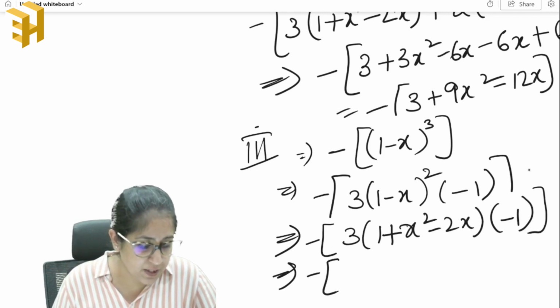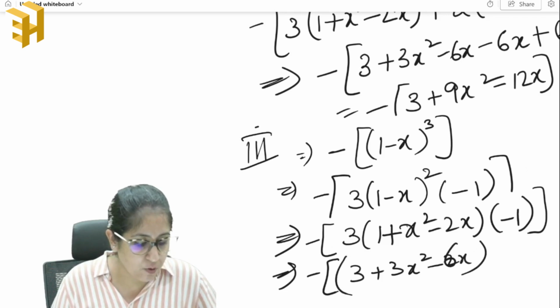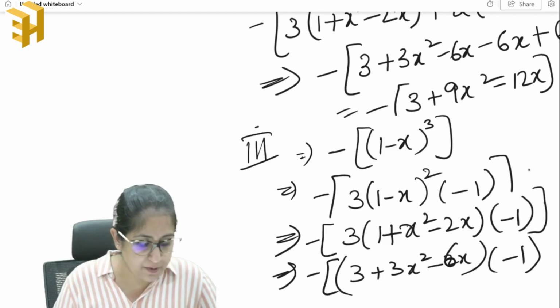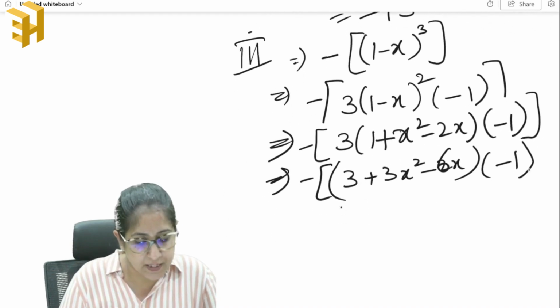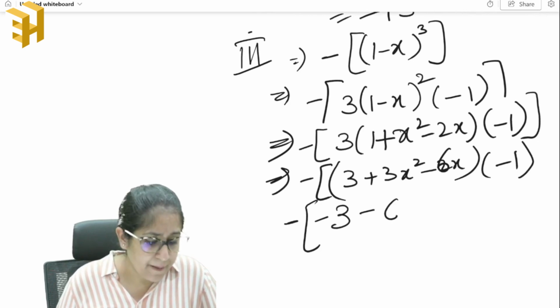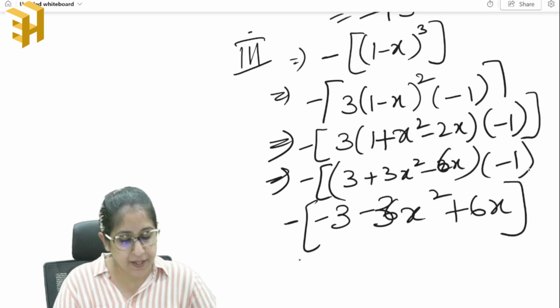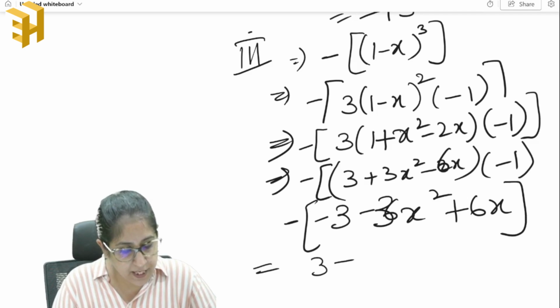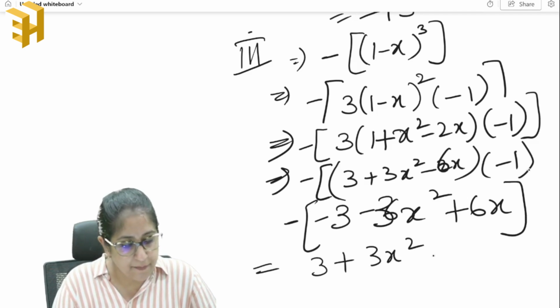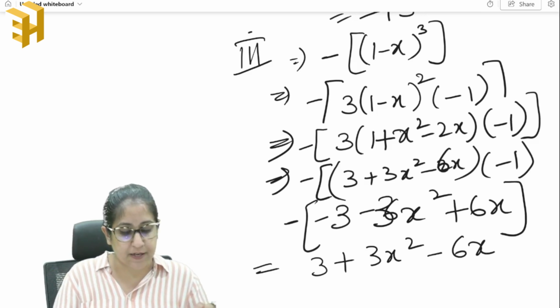Further solving it, we get 3 plus 3x square minus 6x, the whole multiplied by minus 1. So we get minus 3 minus 3x square plus 6x. Now opening the brackets, we have 3 plus 3x square minus 6x. So that is the third portion that we've got.